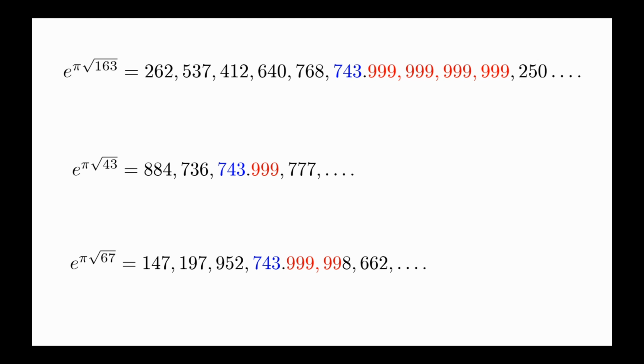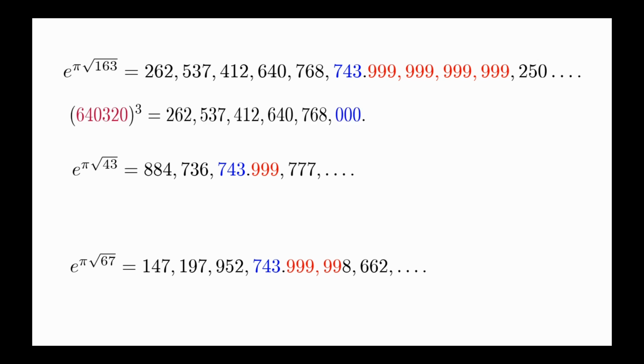But let's just note one more thing. If you were to replace this 743 by 000, or if you were to just eliminate it for that matter, the integer just before the decimal point becomes an actual cube. So in the first case, it's 640320 cubed.